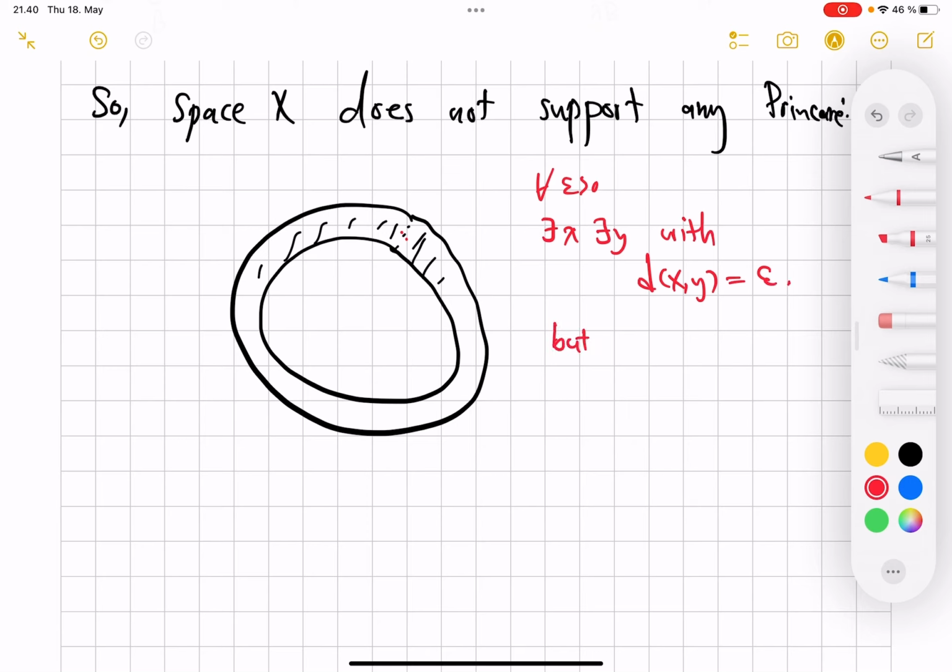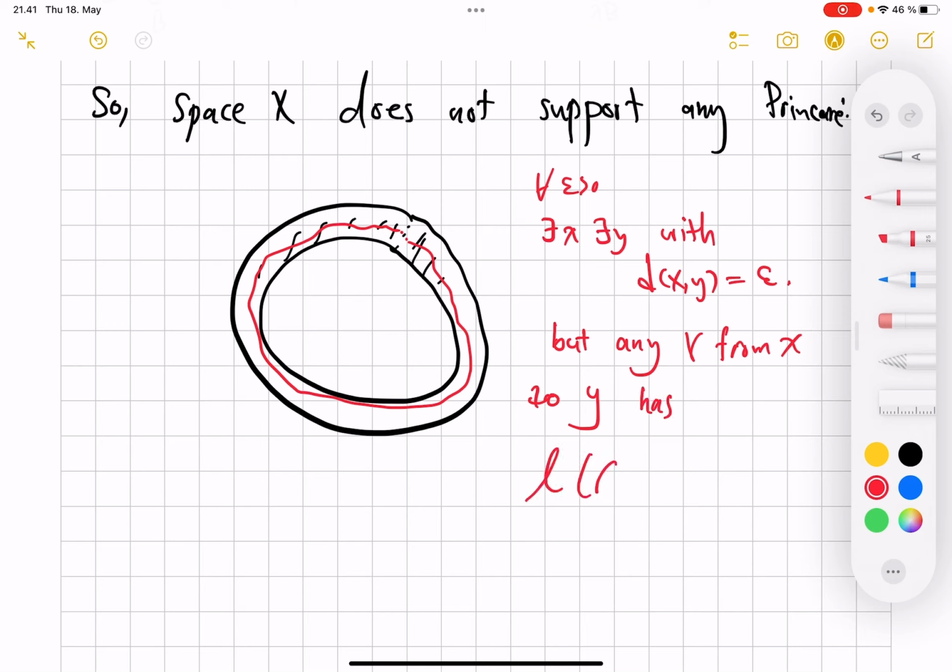But any gamma from x to y should make one loop at least to connect them, and has length of gamma, let's say, more than 10. So this 10 will depend on this radius here. So if this radius is 10, definitely the perimeter is at least 10.